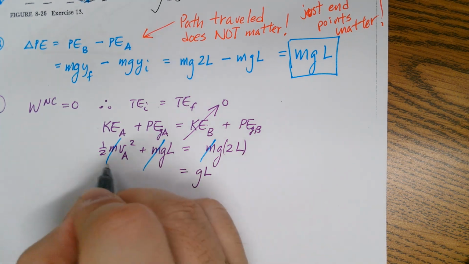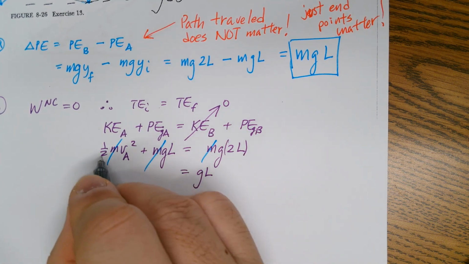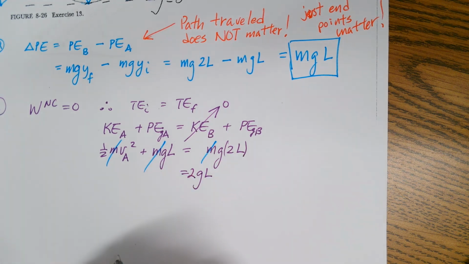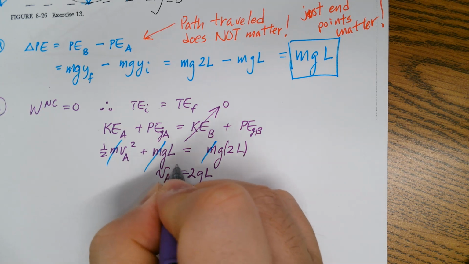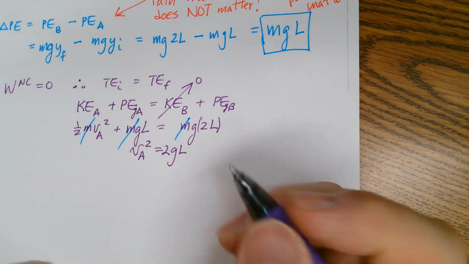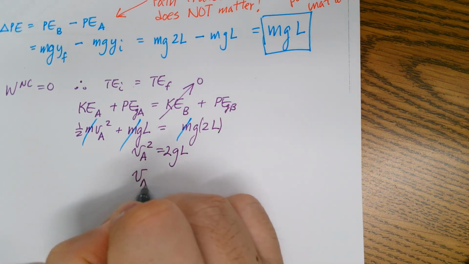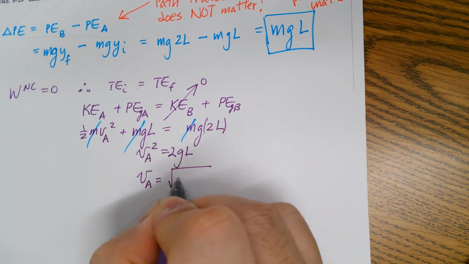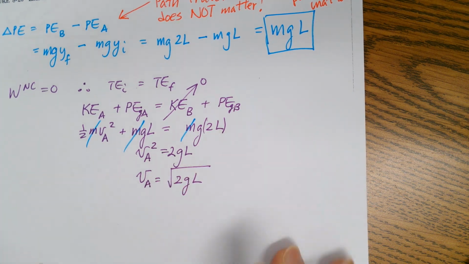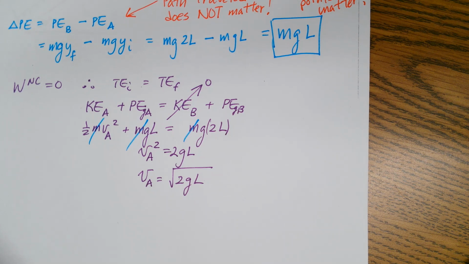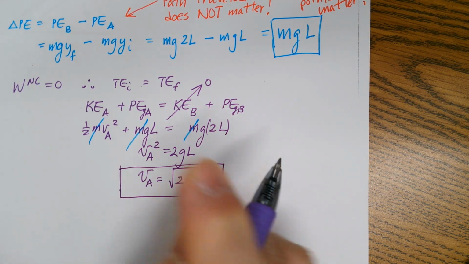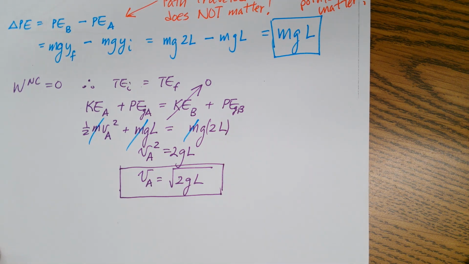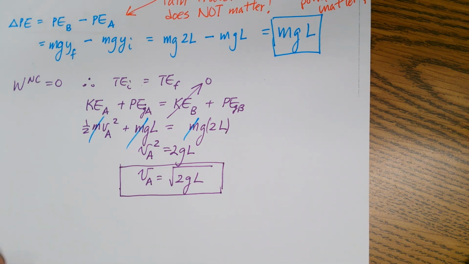And then, if I bring the 2 to the other side, I get vA squared. So my vA is equal to the square root of 2gl. All right?